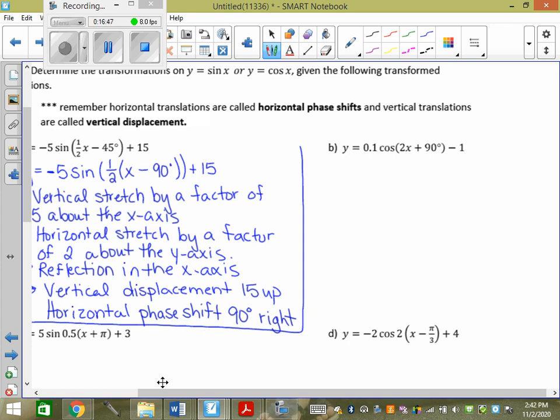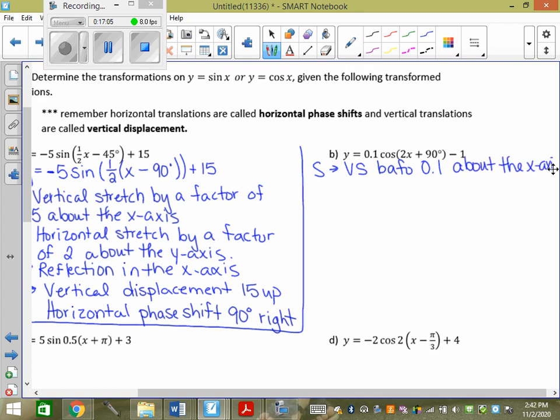Okay? So here we're going to have vertical stretch by a factor of 0.1. I'm only shorthanding so we can get through more of the review. About the x-axis. And then we have a horizontal stretch by a factor of 1/2 because it flips about the y-axis.